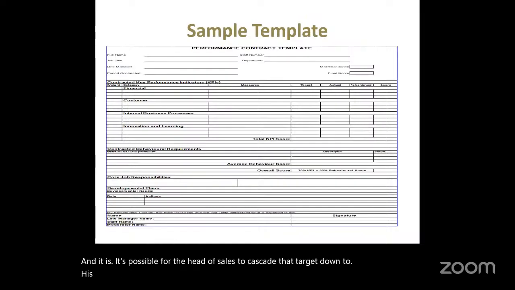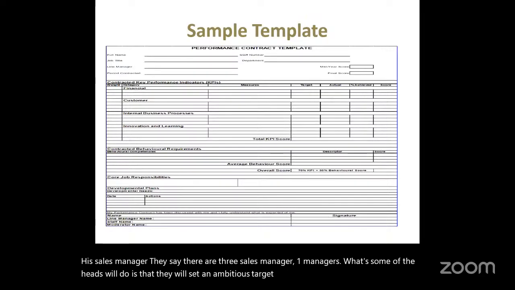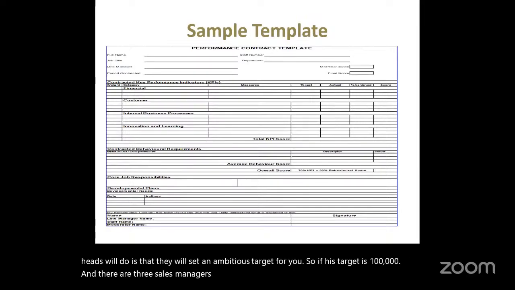Let's say there are 3 sales managers. Some heads will set an ambitious target for you. So if his target is 100,000, and there are 3 sales managers, it's possible for the head of sales to assign a target of 100,000 to all 3 sales managers.